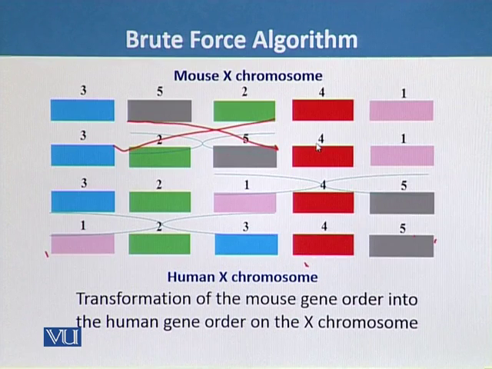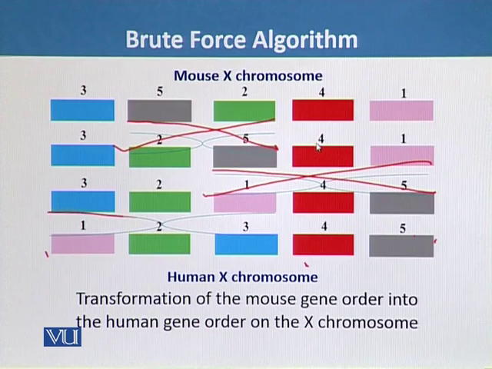So we have to do this replacement or flipping 3 times. We flip this one also with this one, and the third is this and this. If we perform these 3 flippings of the syntenies, we will come up with the same order of the genes within the mouse and the humans.